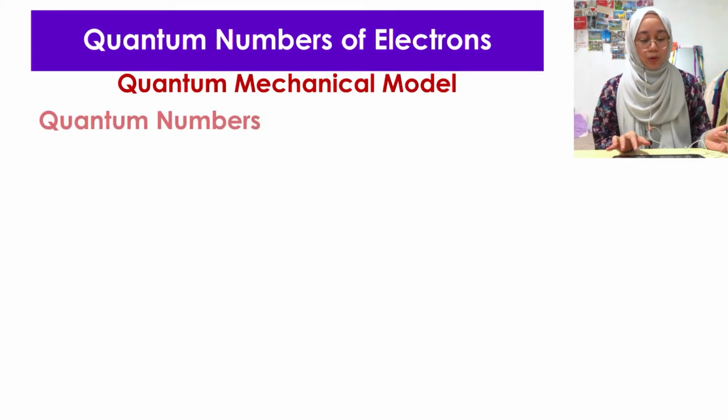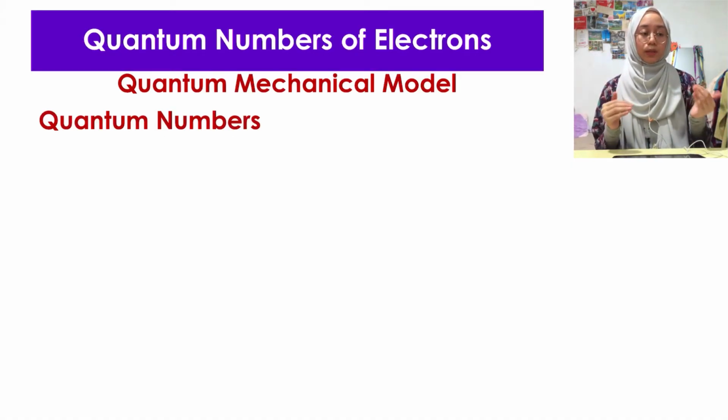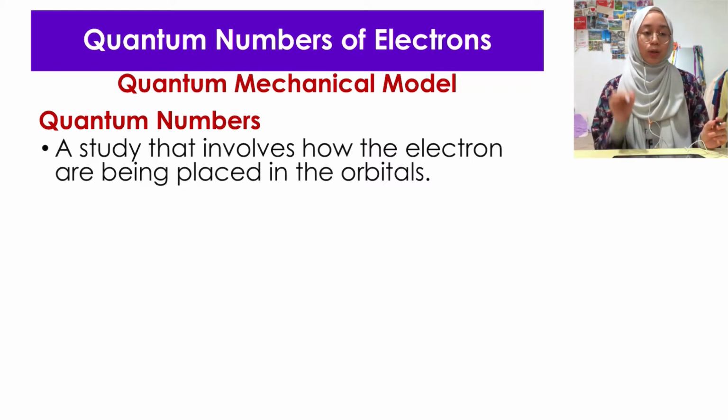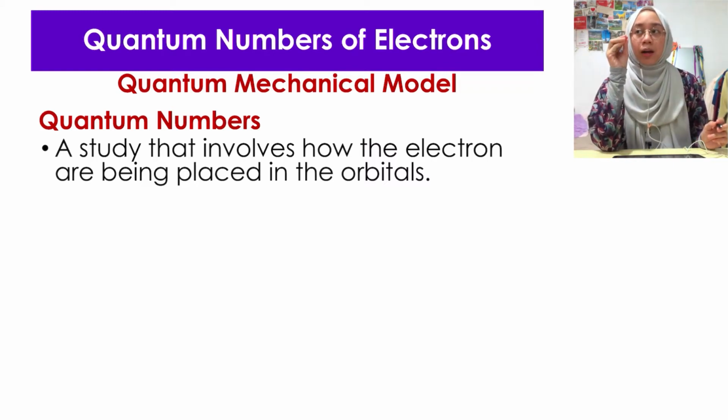Okay, so next pasal quantum numbers pula. So basically kita nak belajar pasal quantum numbers ni. Apa sebenarnya quantum numbers? So it is actually a study that involve how the electron are being placed in orbitals. Okay, basically quantum numbers ni sebenarnya it shows the exact position of electron. Not exactly lah, tapi kita boleh agak, dekat situ lah electron berada.